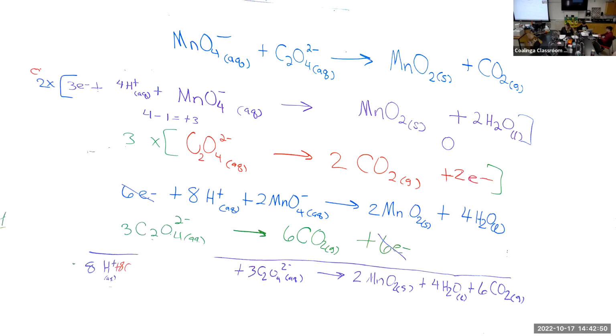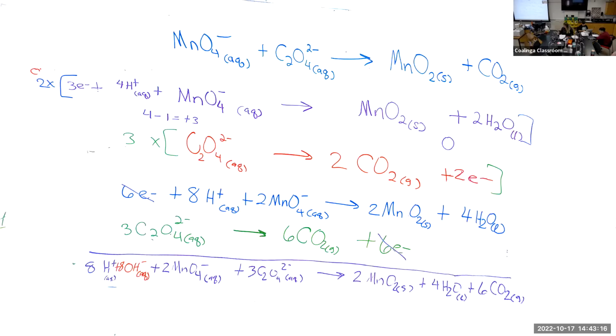Because it's under basic conditions, that means we want to have excess of OH, which is a base, right? So if you read the question, it says basic conditions. So that means we're going to add the same amount of OHs to both sides of the equation that we have of our H pluses. Because H plus makes it acidic.